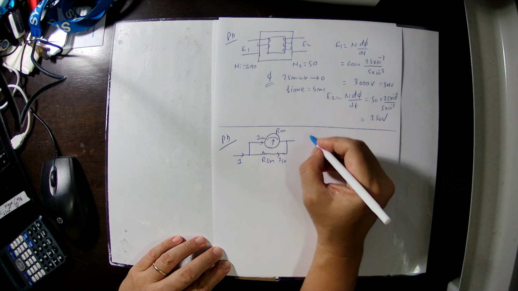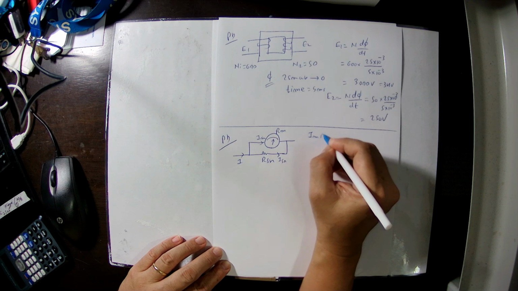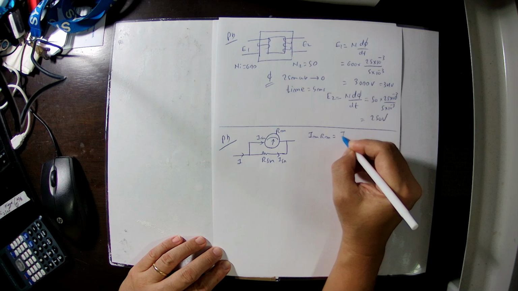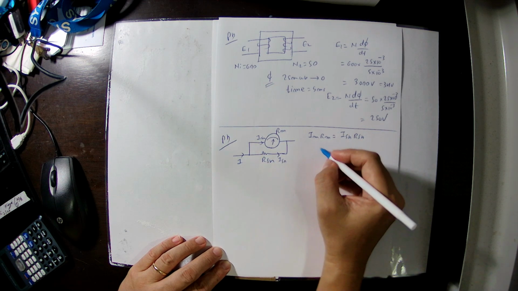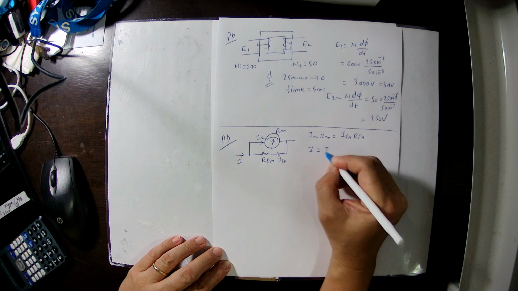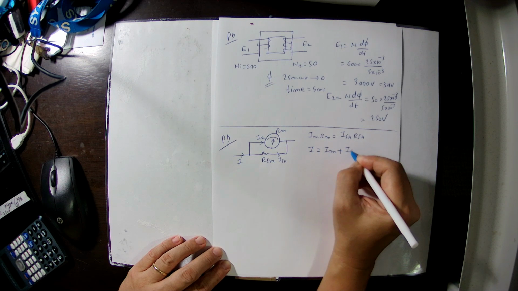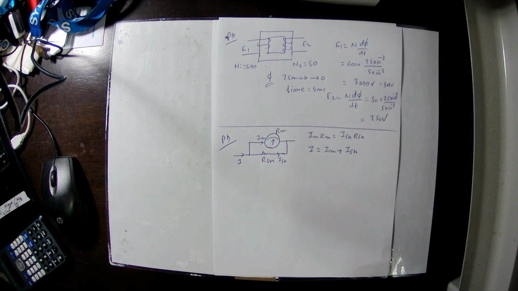So IM RM equals ISH RSH. Also, total current I equals IM plus ISH. It's the equation, so based on this we solve the problem.